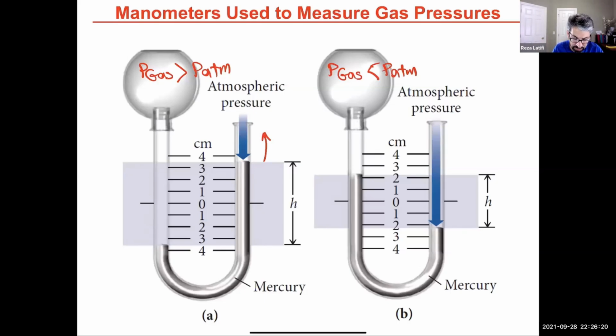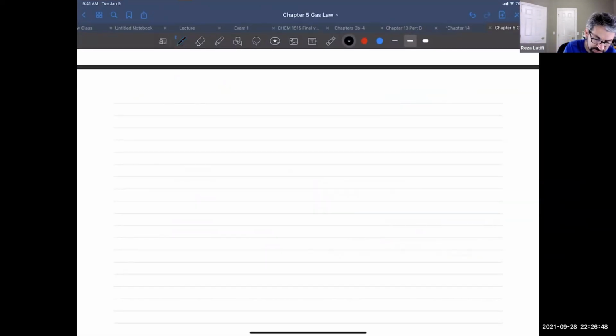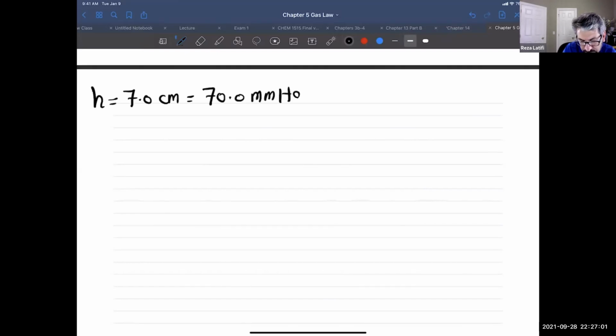So for the first one, I see the displacement is something around 3.5 on one side and 3.5 on the other side. So in total it will be 7. And that one, you can say 2.2 or 2.25. Let's handle the first one, and we will go after the second. So for the first one, we said H is equal to 7 centimeters, which is equal to 70 millimeters of mercury.